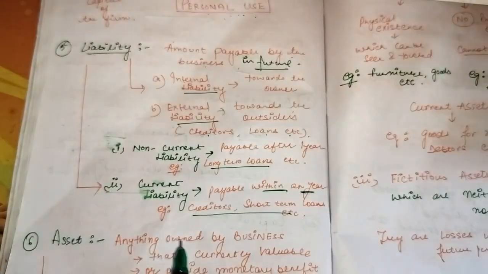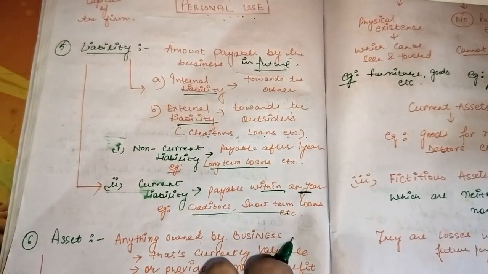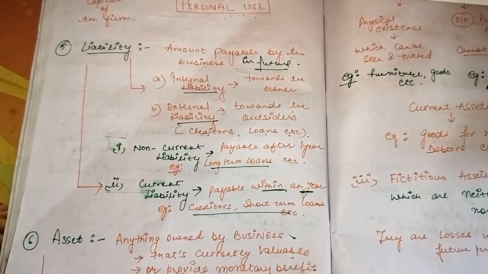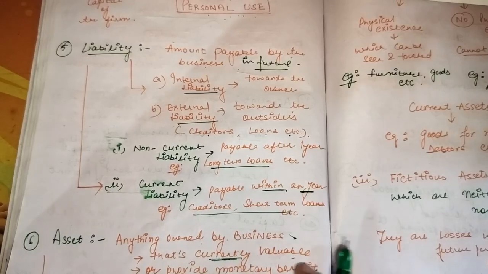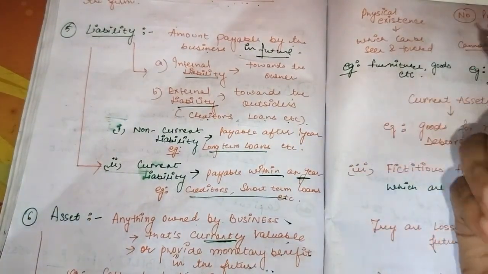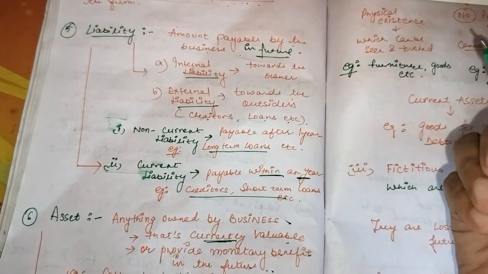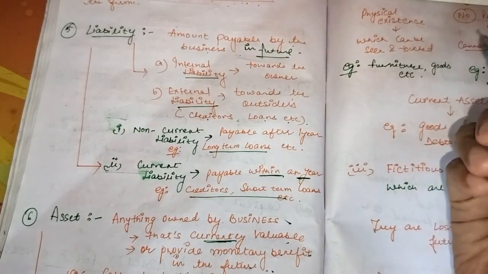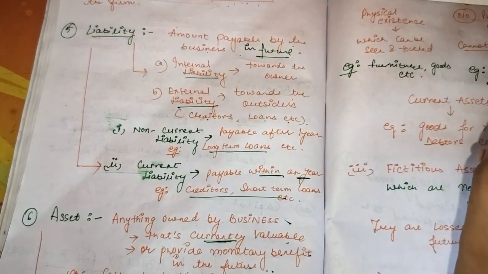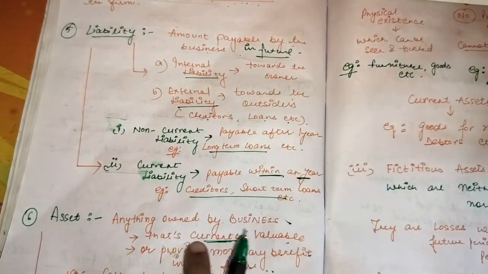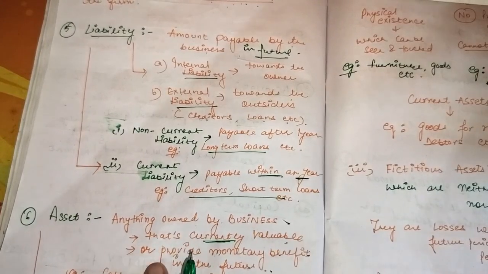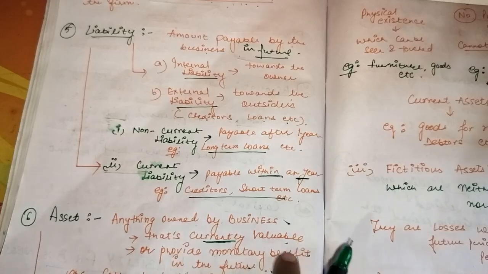So anything that is owned by the business that is currently valuable or provides monetary benefit in the future.